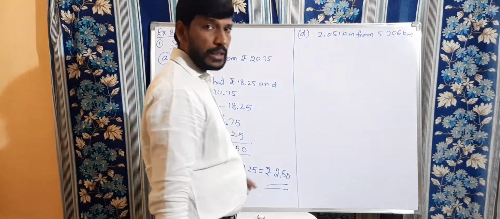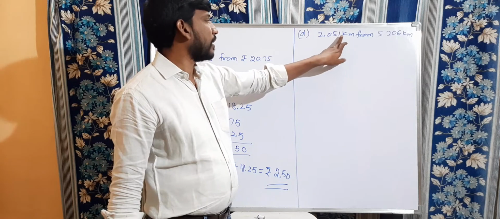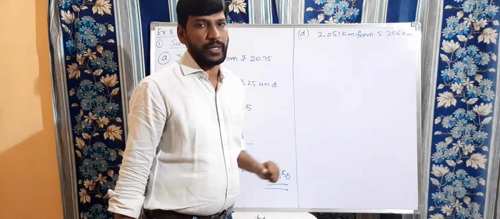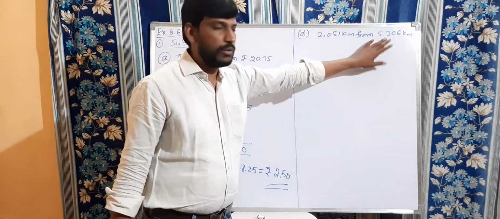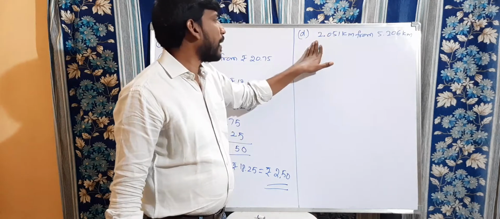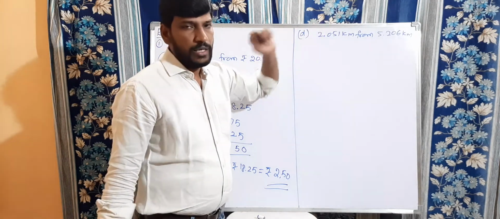Subtract 2.051 kilometers from 5.206 kilometers. So in between these two, which is the greater value? 5.206 kilometers is the greater value. 2.051 kilometers is the smaller value.